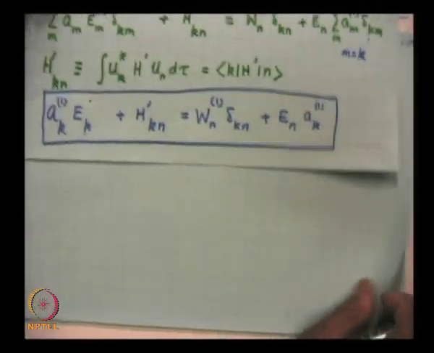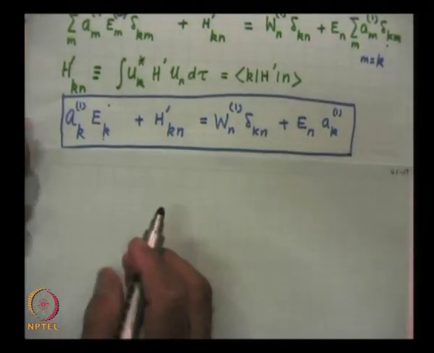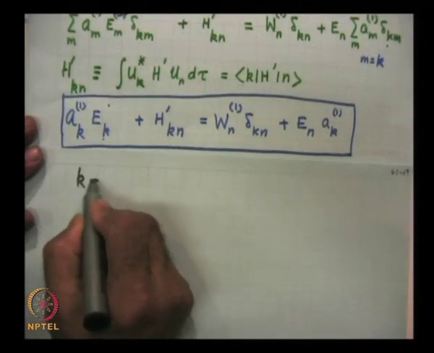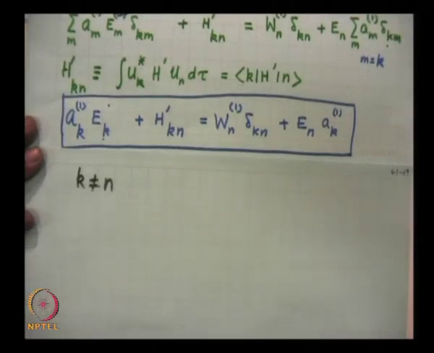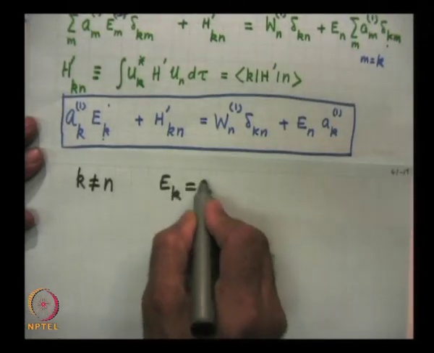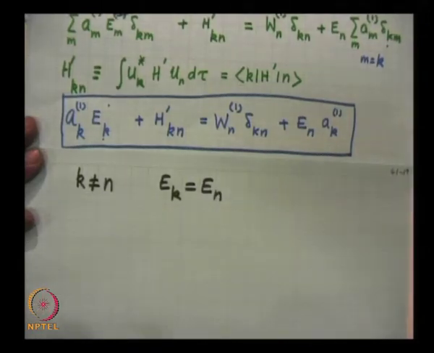Now, if you just look at this equation, then first we had considered k is equal to n, but let me consider the case when k is not equal to n, but E k is equal to E n. That is, I am considering multiplication between those states for which the energies are equal, but the wave functions are different.